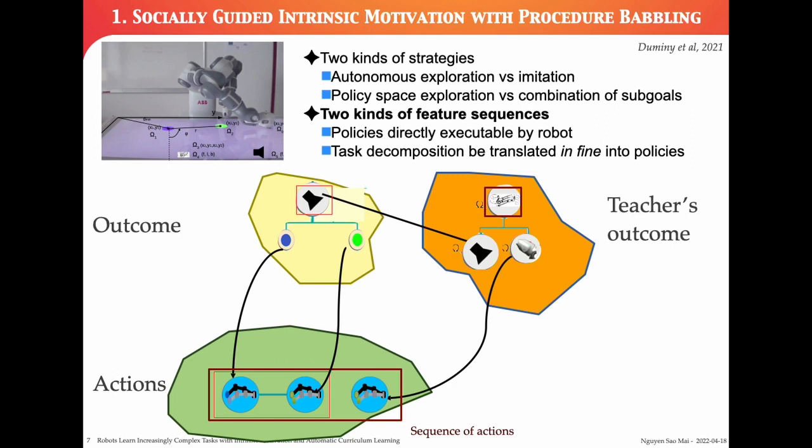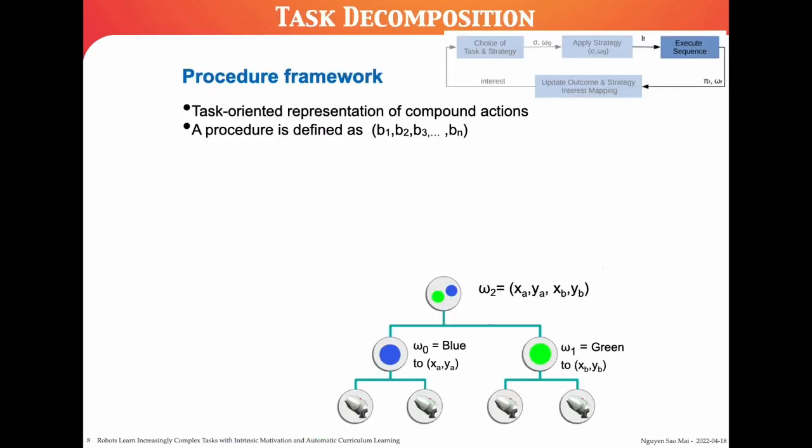So to be able to describe this sequence of actions with this idea of hierarchy of tasks, we propose a framework which is called the procedure framework. So it's a way to represent compound actions in a task-oriented way. And we define a procedure as a succession of outcomes, of goals, sub-goals.